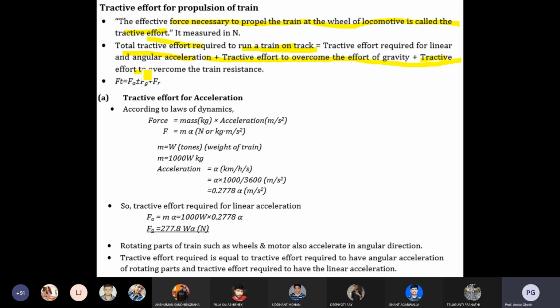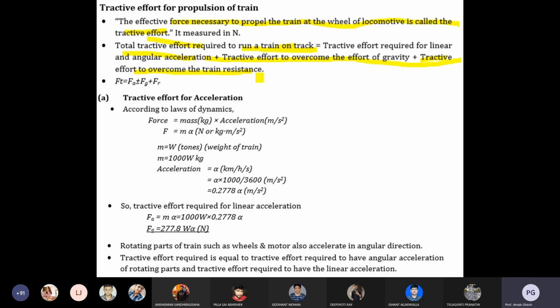The train resistance becomes the main factor. It's a huge inertia, so it counters any change, as per Newton's first law. It is resisting if you want to change its state. That's why it's very important.